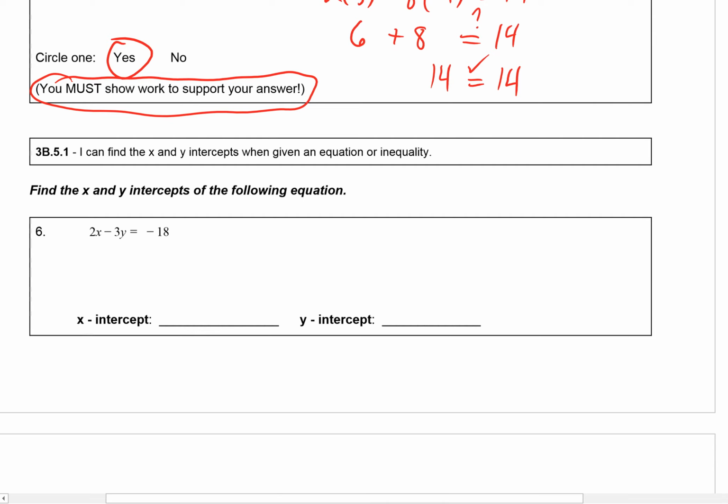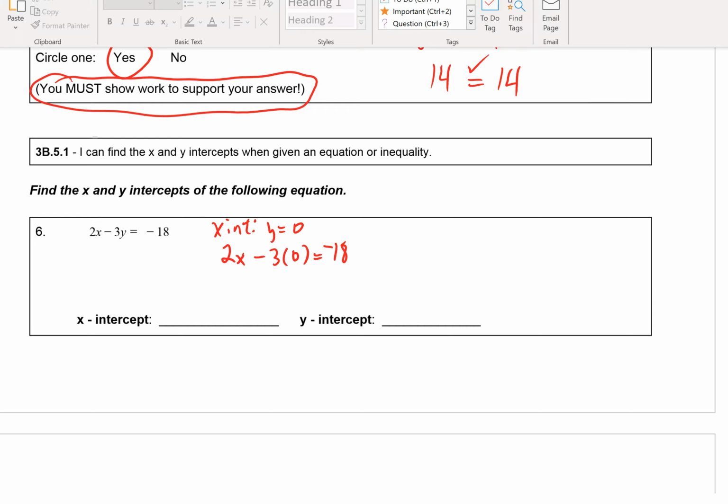Here's another problem for number 6, as we are finding the x and the y intercepts. To find an x-intercept, guys, please remember y equals 0. Your other variable will equal 0. So you will write 2x minus 3 times 0 equals negative 18.